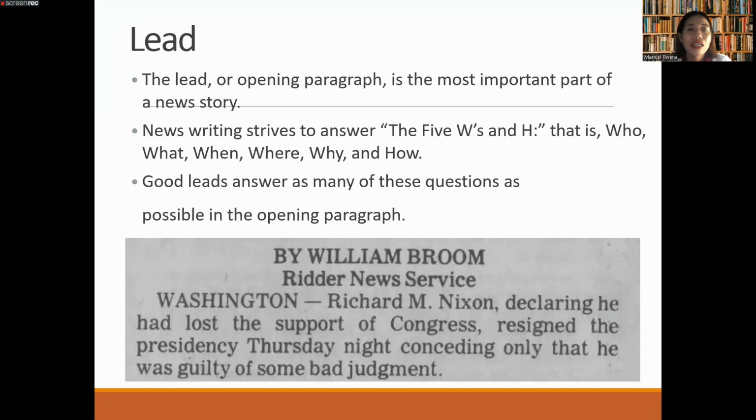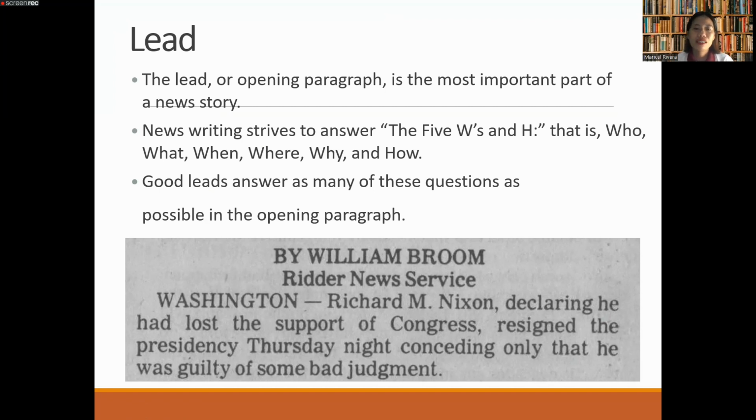Okay, next, the lead. The lead is also very important as it is an opening paragraph and it's the most important part of the news story. Why? Because by merely reading the lead, you already have an idea of what is going on. The lead would answer the 5 W's and the H: who, what, when, where, why, and how.